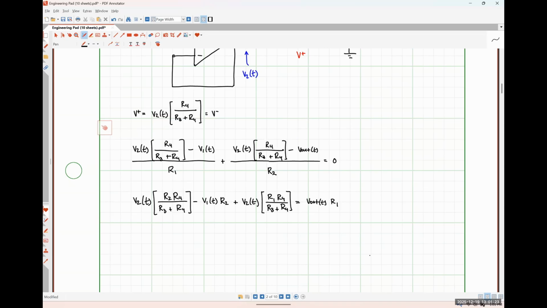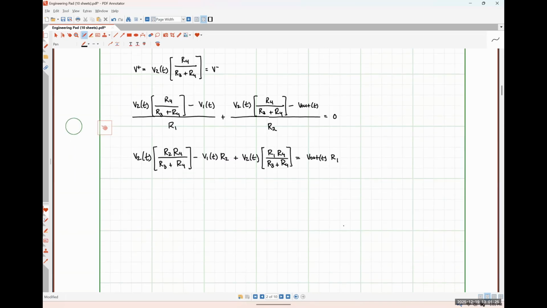So I could rewrite this as V2 as a function of time. There's also a common factor of R4 in the numerator, so I'm going to write that as R4 times R1 plus R2.